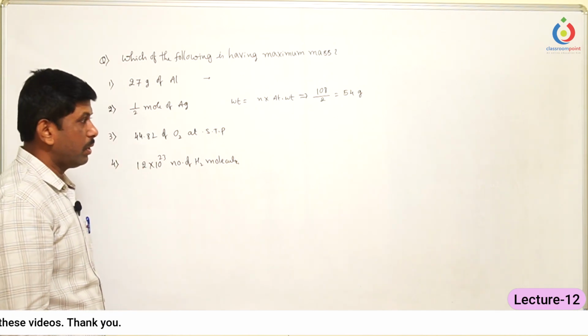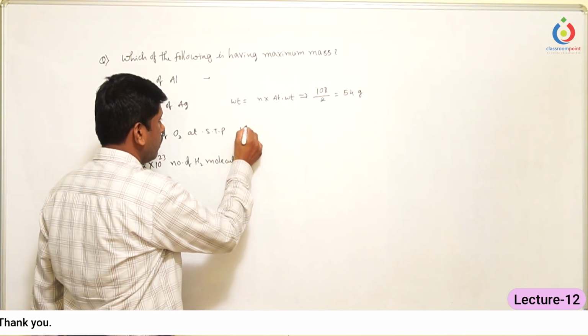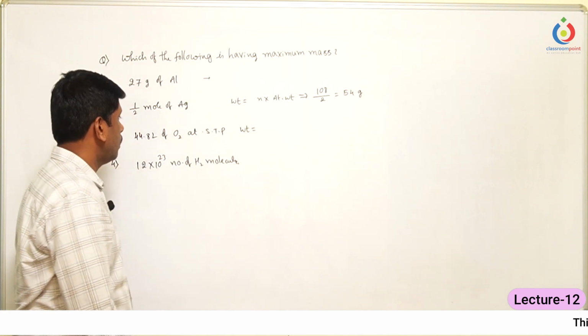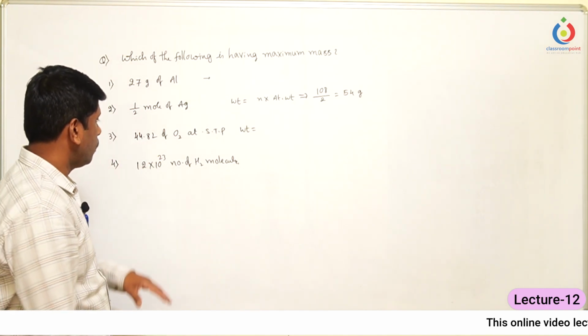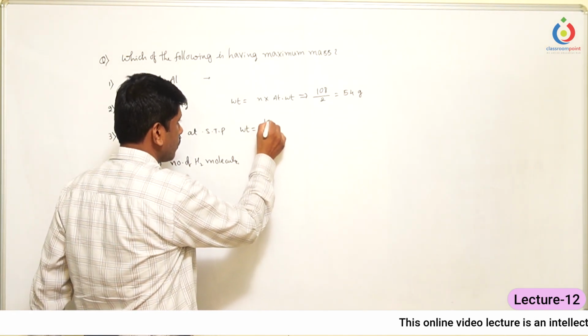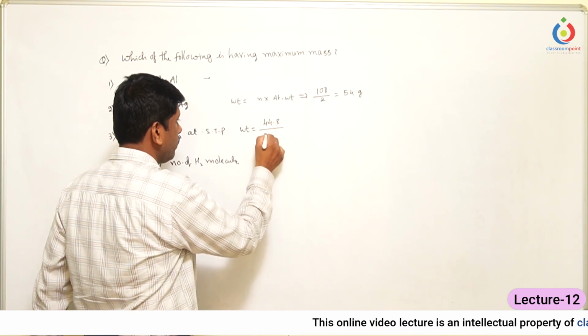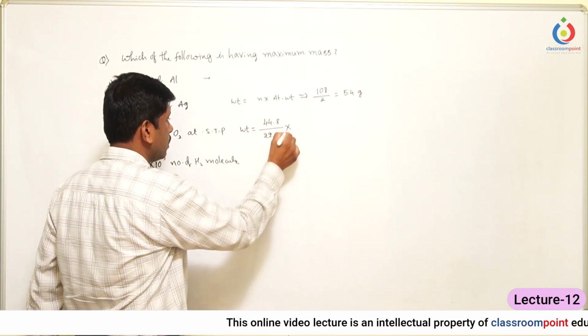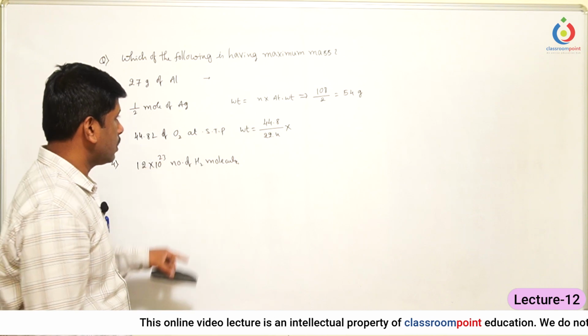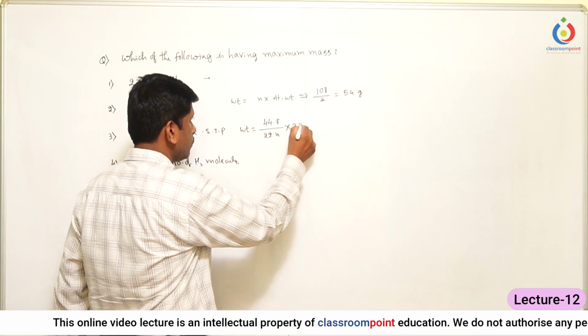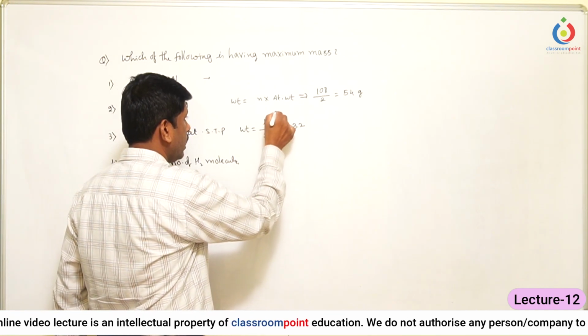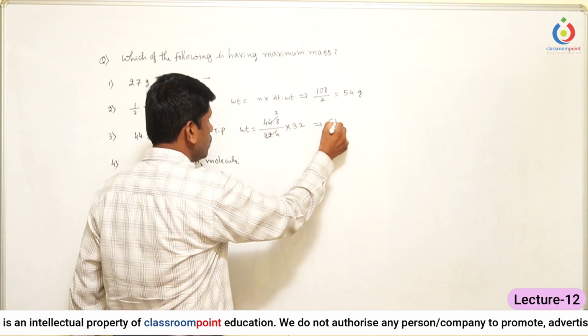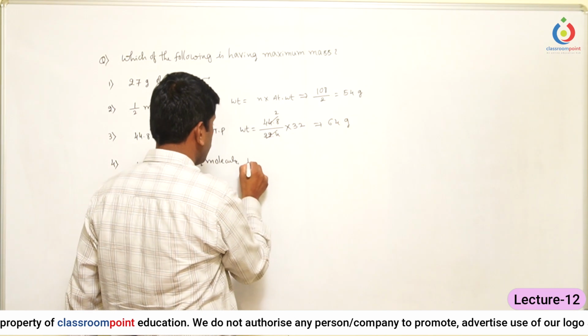44.8 liters of O2 at STP: weight equals given volume 44.8 liters by STP volume 22.4 liters into molecular mass of oxygen 32. It goes 2 times, so this equals 64 grams.